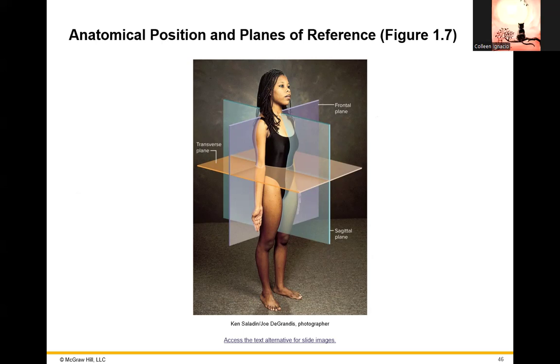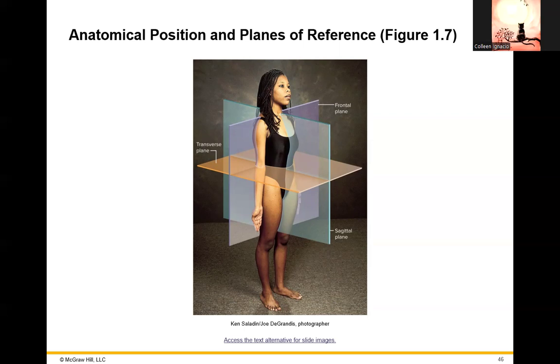Now you may also see some body planes. These are imaginary lines that we use to cut the body into sections. So these are important to know. You probably will have some test questions on these as well, especially for your practicum. So let's talk about the 3 different planes. The first plane I will discuss is the transverse plane. That divides the body into a top half and a bottom half.